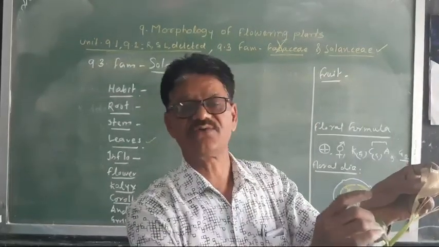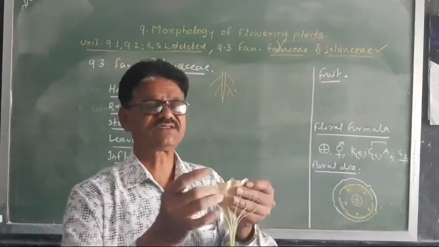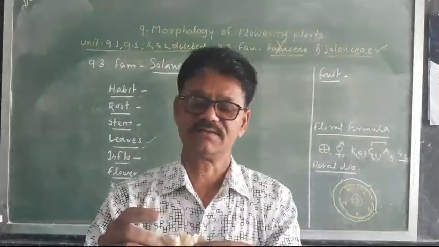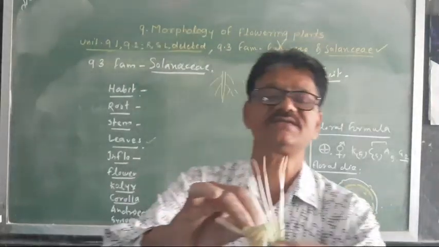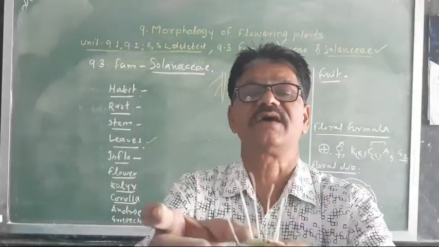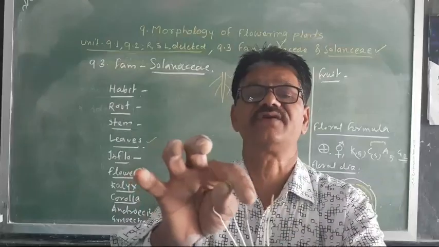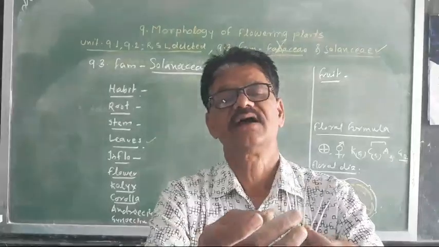All these sepals are united, that condition is called gamosepalous. Petals united, that is called gamopetalous. And how many stamens are there? You can count. The stamens are those having the anthers, and this is the gynoecium.